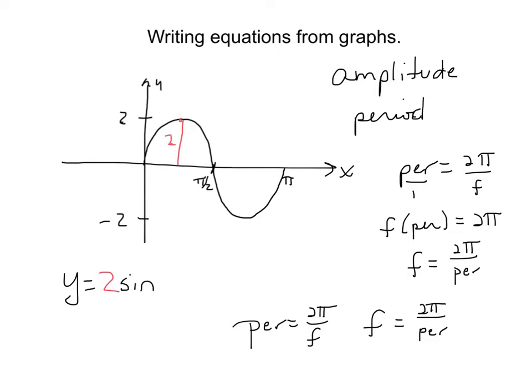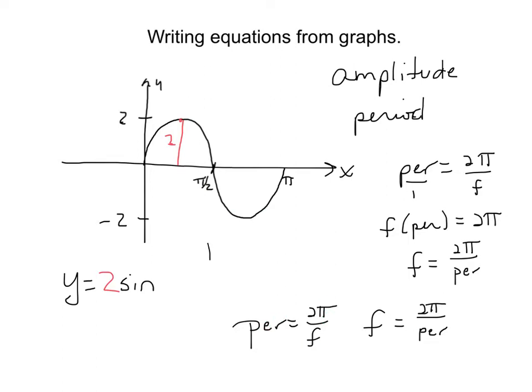Now what I need to know is the frequency. So what I look at is where does the graph end? And this trig function ends at pi. So there's a couple ways to go around this, but probably the safest way is to just use the formula. If I know the period is pi, then I can plug it into this one to find the frequency. You could plug it in over here too, but this one's probably easier.